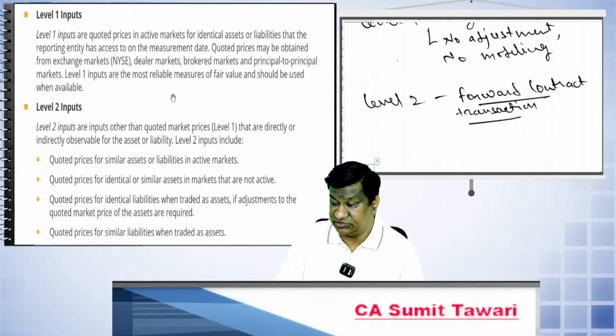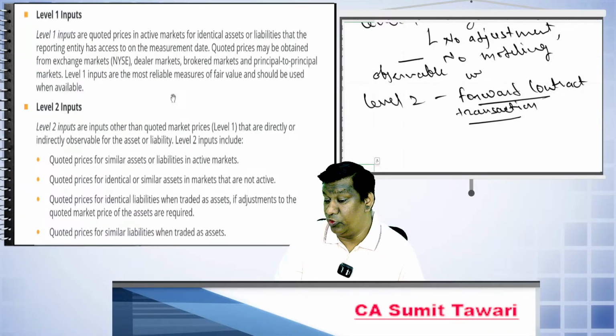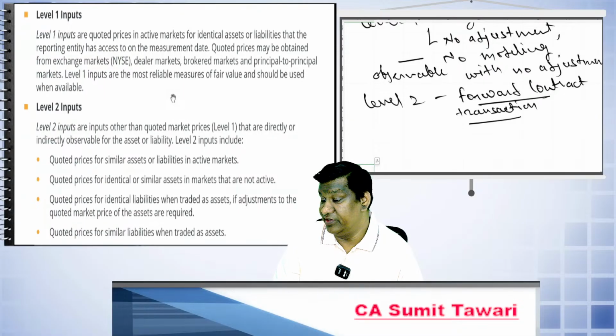So again, as we already discussed here, observable with no adjustment in level 1. In level 2, again observable but with adjustment.